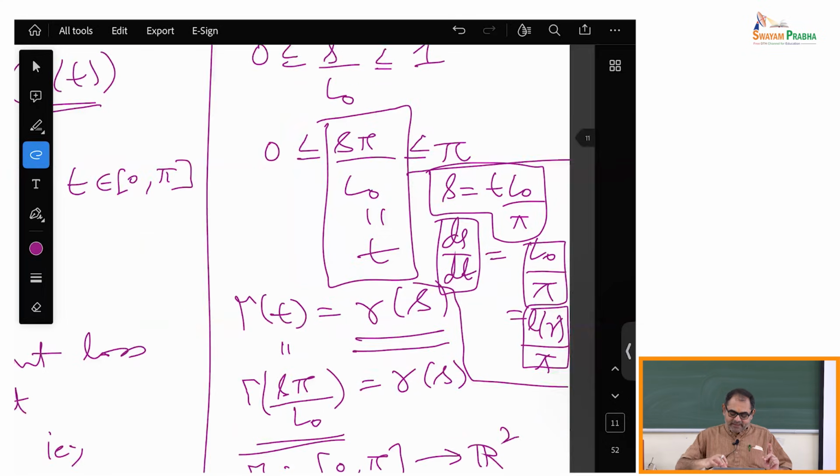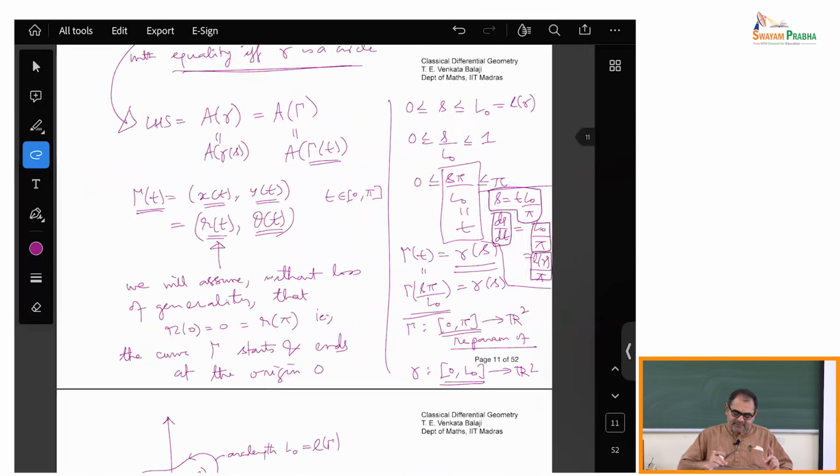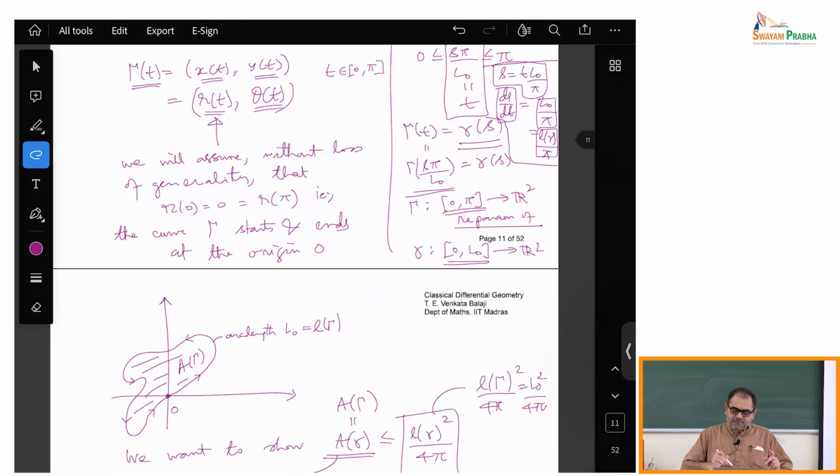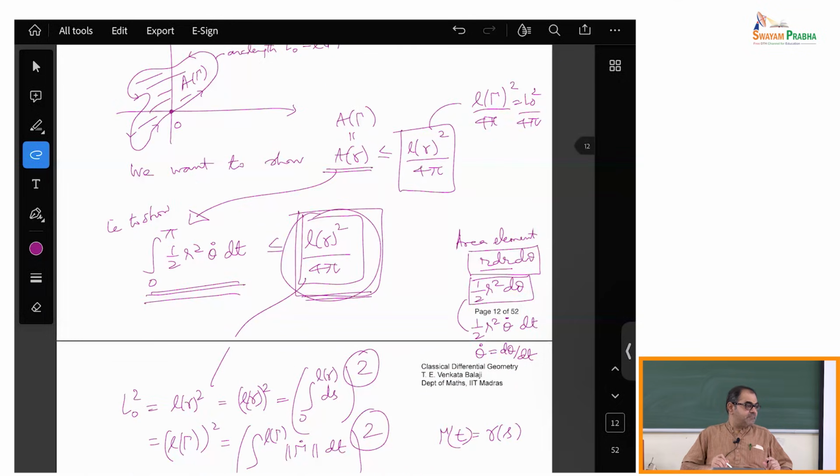If you do that, this right side term, this L gamma by pi, will convert into a derivative. All right, and so you have to use that cleverly.